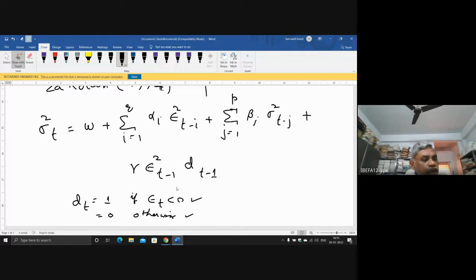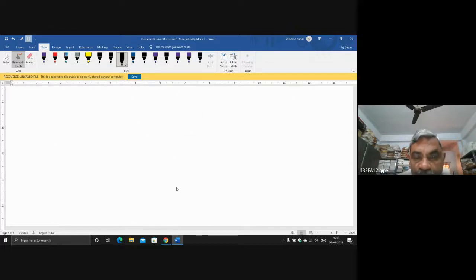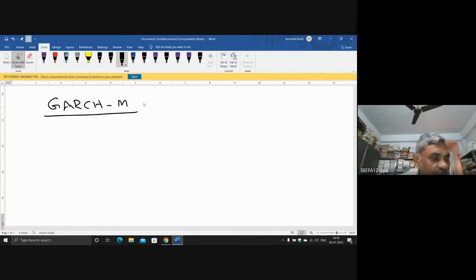Then two more very simple but highly useful models are GARCH-in-Mean, known as GARCH-M, to be pronounced as GARCH in mean. So what is the basic underlying theory?